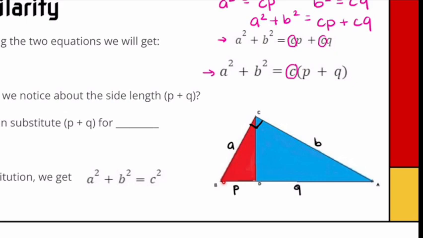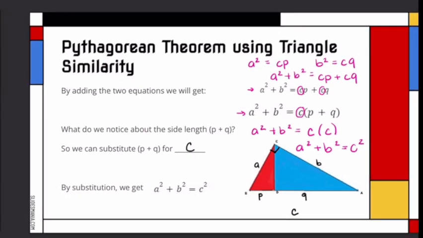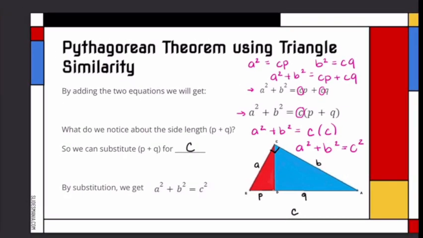This was B and this was A, because this was the right angle C. So notice here, P plus Q, this whole side here in the first original triangle was actually just side C. So we can substitute P plus Q for C. So now we get A squared plus B squared equals C times C, because P plus Q equals C. So now finally we get the formula for the Pythagorean theorem again, but instead of using the first method that I used in my video two videos ago, we're using triangle similarity instead, okay?